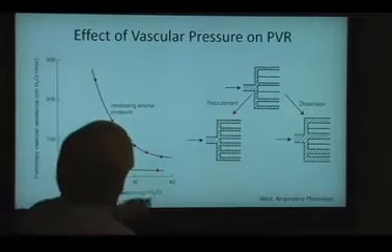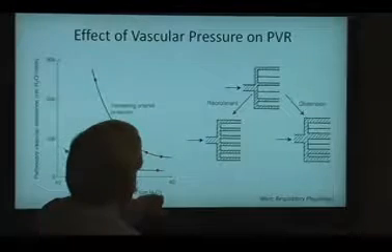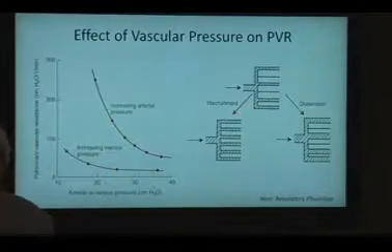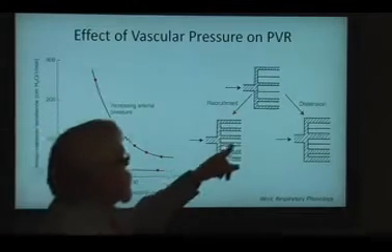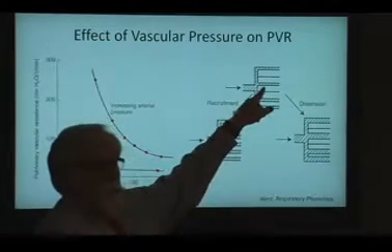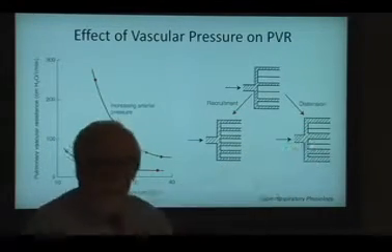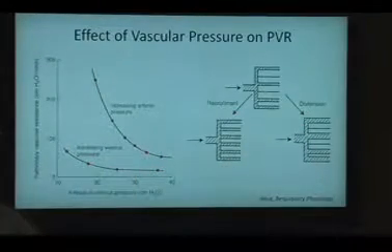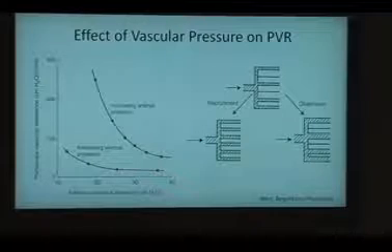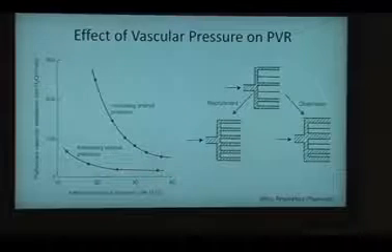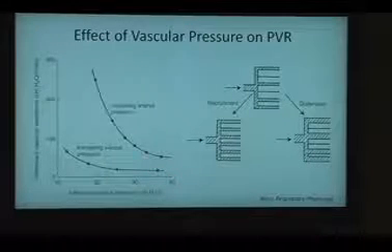So with an increase in pressure in the pulmonary vasculature, there is a decrease in resistance to flow, and that is the result of recruitment of otherwise collapsed pulmonary capillaries and distension of already open pulmonary capillaries. Again, that's the result of the pulmonary circulation not having a lot of smooth muscle, so it's very distensible.